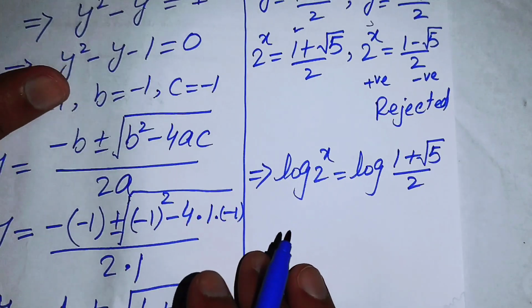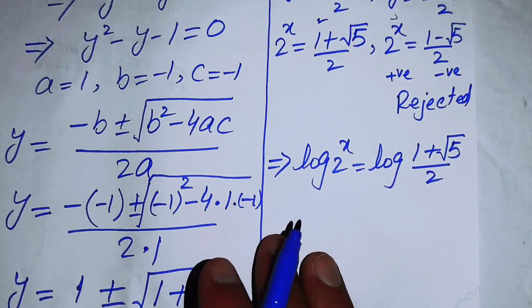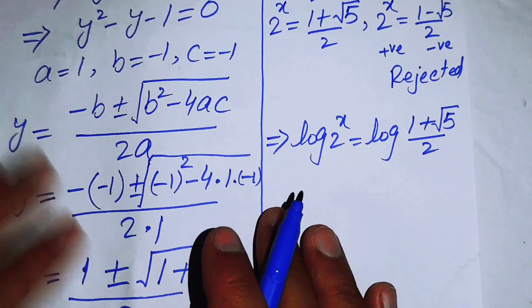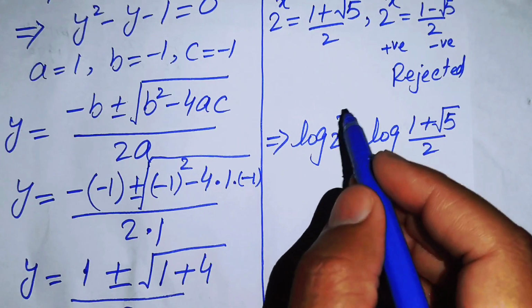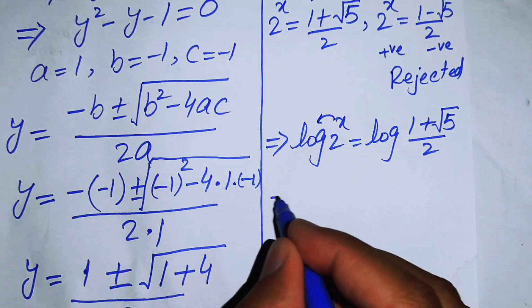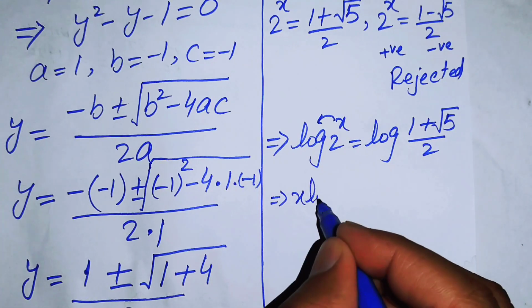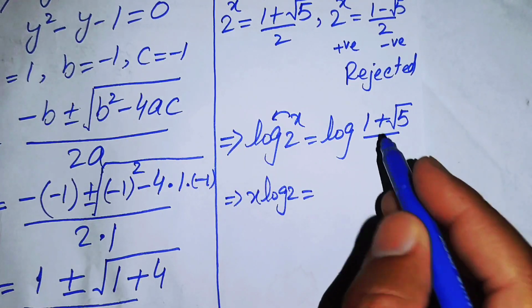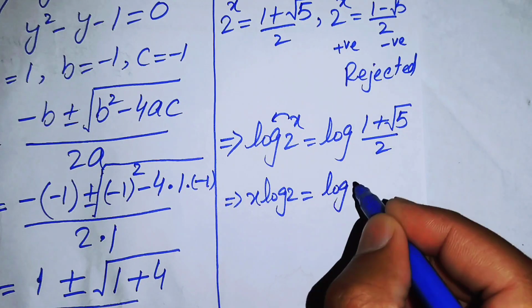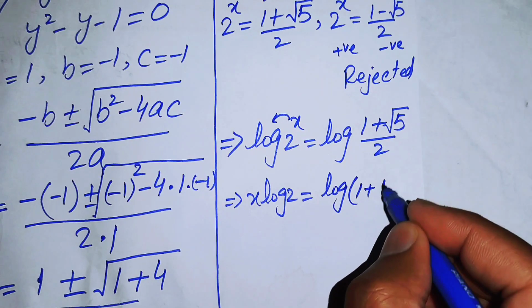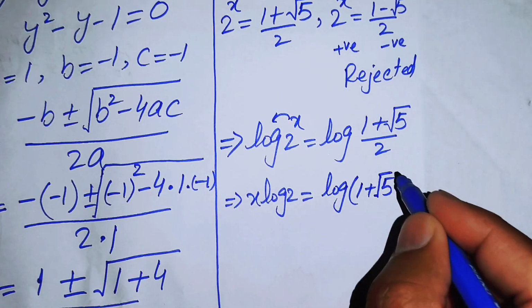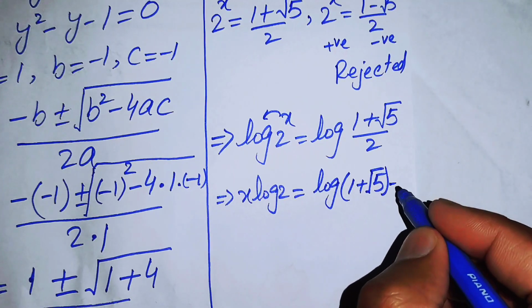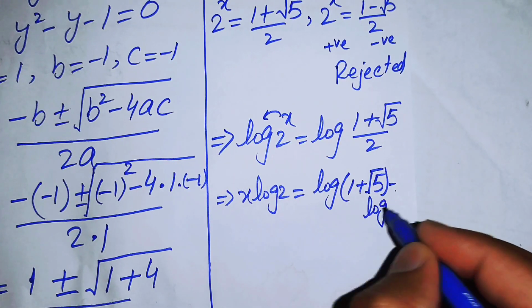Here we can apply the property of logarithm, so this exponent comes in front of the log, and we write it as x times log 2 is equal to, after applying the property of log, log of 1 plus square root of 5 minus log of 2.